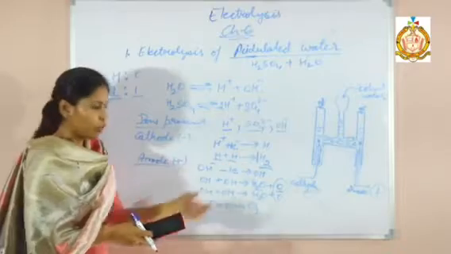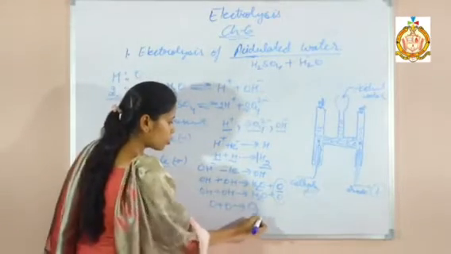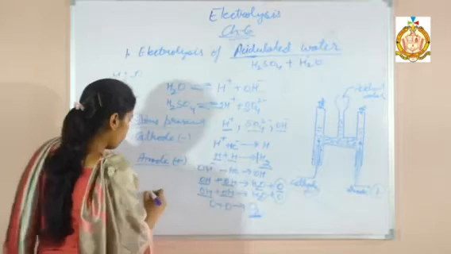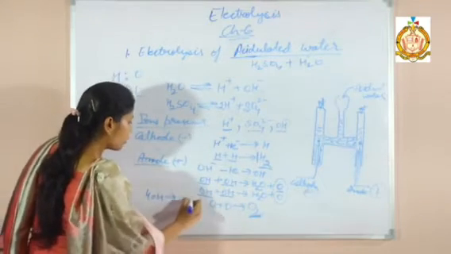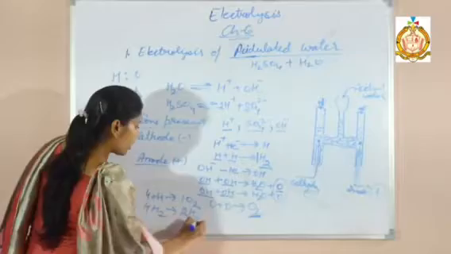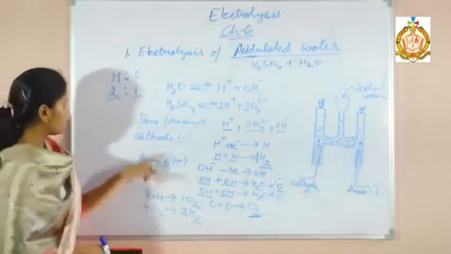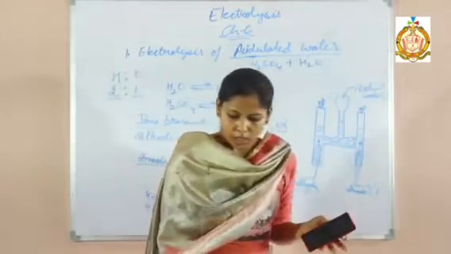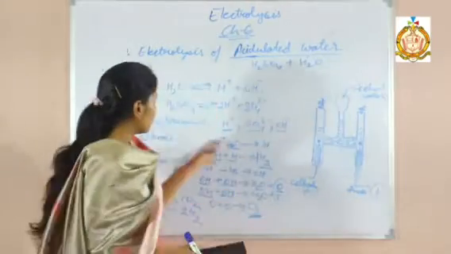Only 2. For oxygen, to make oxygen gas, how many OH are required? 4. 4 OH gives 1 O2 and 4 hydrogen give 2 H2. So the ratio is 2:1. This is all about electrolysis of acidulated water.